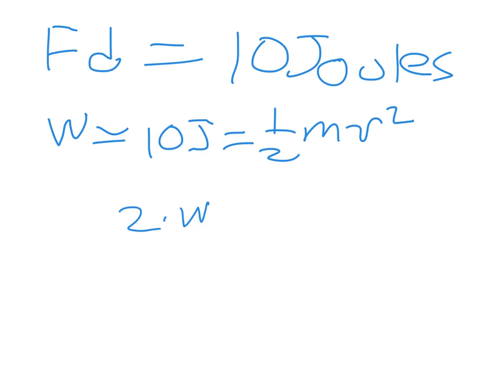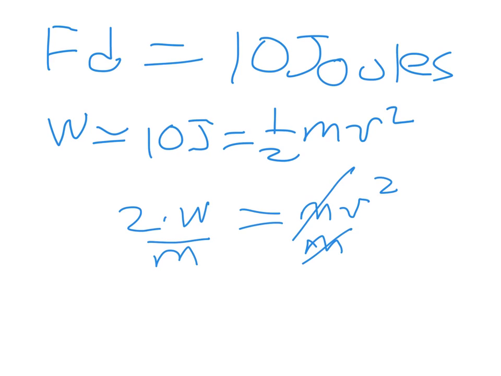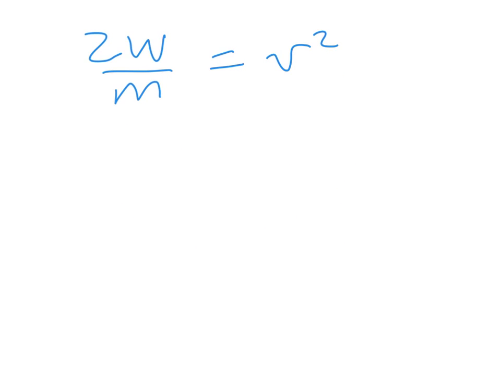And that's going to be equal to mv squared. And then if I want to get rid of the m, I can divide both sides by m, and that will cancel the m out, and I get that the velocity squared is 2 times the work divided by the mass. So again, we want to get v by itself.